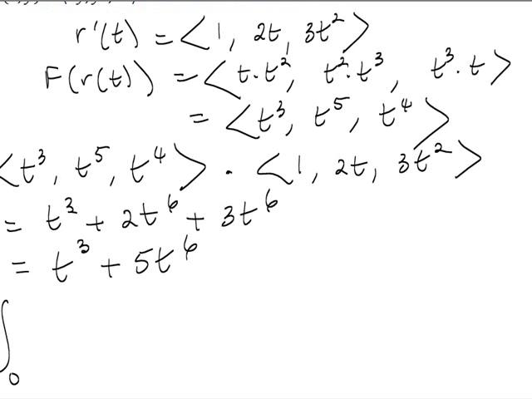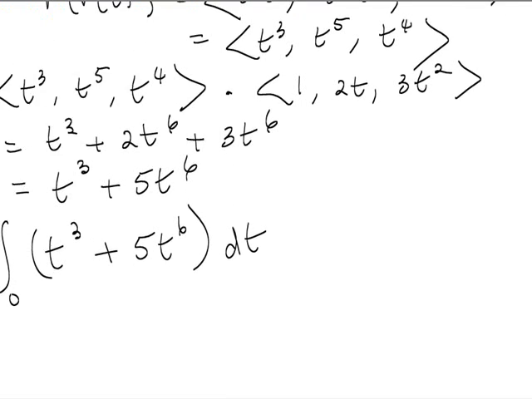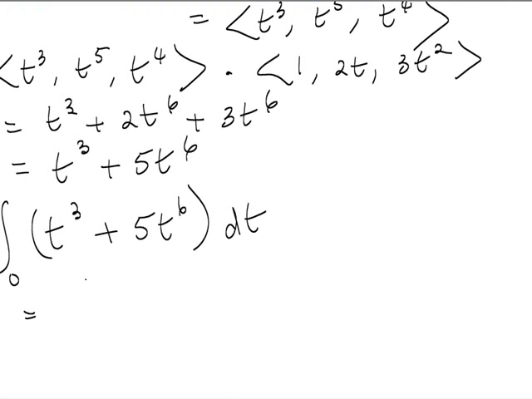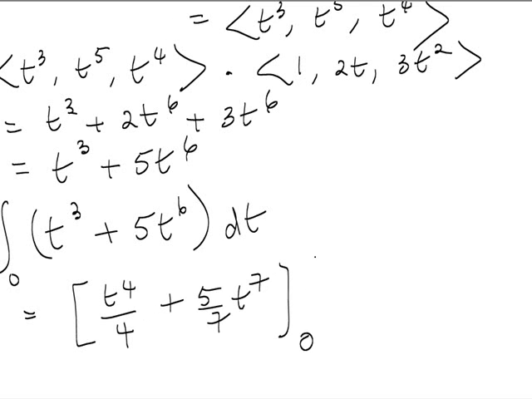The integral from 0 to 1 of t cubed plus 5t to the 6th dt is t to the 4th over 4 plus 5 over 7 t to the 7th from 0 to 1, and we get 27 over 28.